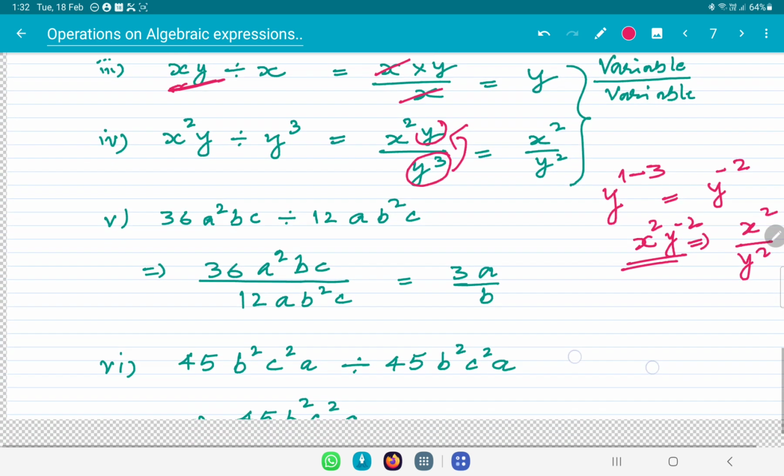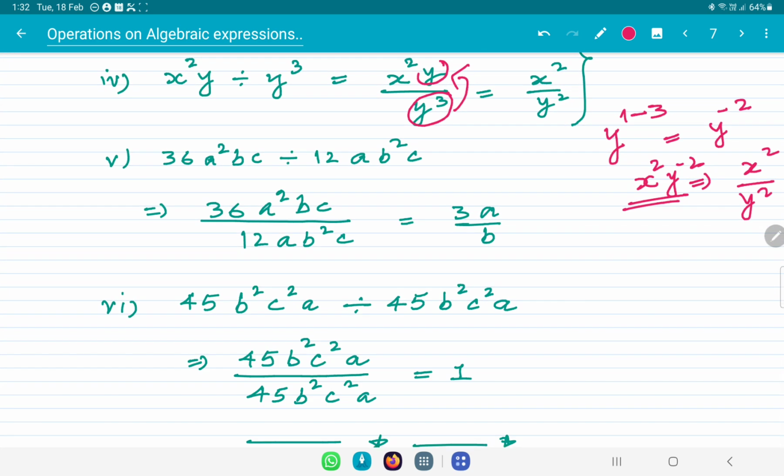Clear? Now next, 36a square bc divided by 12a square ab square c. So we will simplify these numerics: 12 threes are 36. And a square by a, so a raised to the power 2 minus 1, b to the power 1 minus 2, and c to the power 1 minus 1. So c is raised to the power 0.